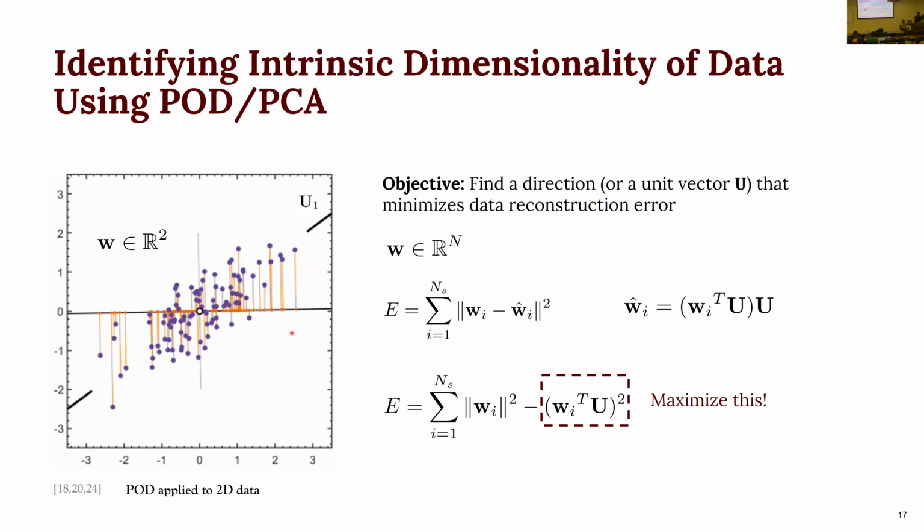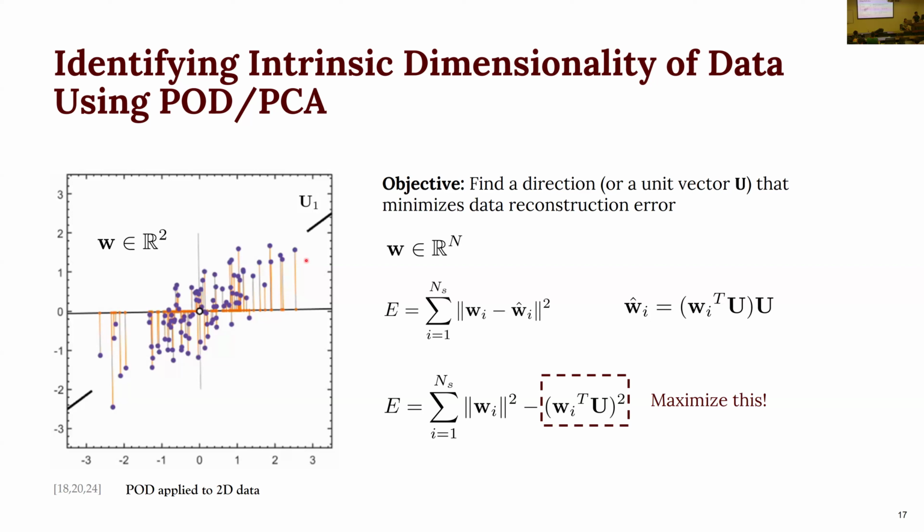Now, what we want to do is find out E, which represents the perpendicular distance between this horizontal line and this purple point, right? So E represents this distance for the ith point.